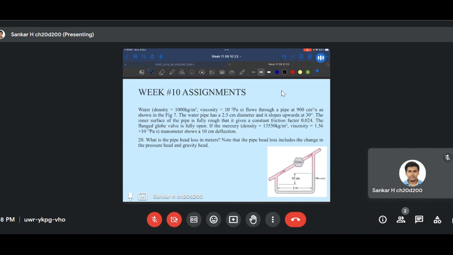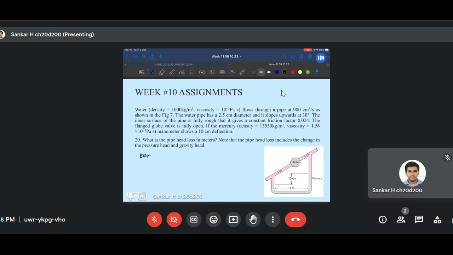Next, we have to find out what the pipe head loss is. So, pipe head loss includes the change in pressure head and the gravity head. And the gravity head is just basically the vertical distance between these two. That can be found out by equating it to the tan value of the angle over here, which is tan 30, equal to opposite by adjacent. So let's call that hz divided by 3.